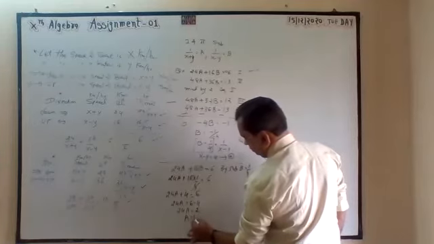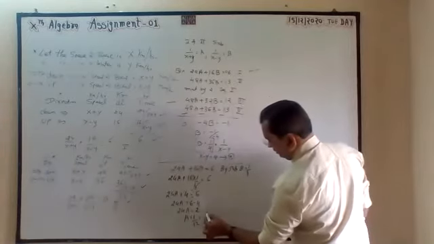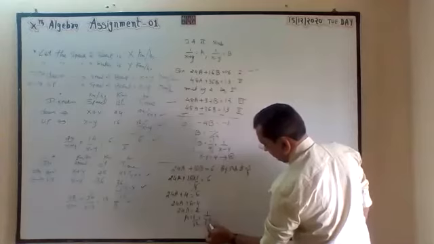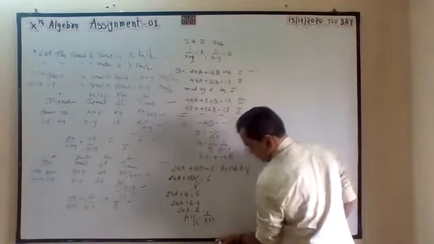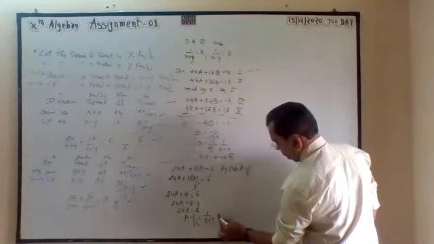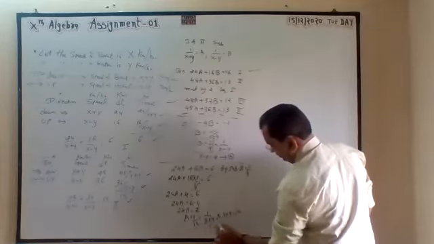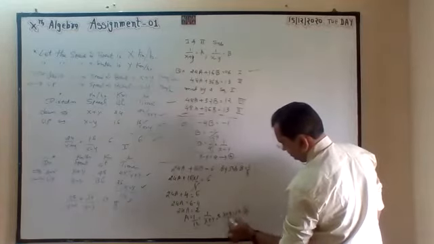A is equal to 1 by 12. And 1 by 12 is equal to 1 by x plus y. So x plus y is equal to 12.